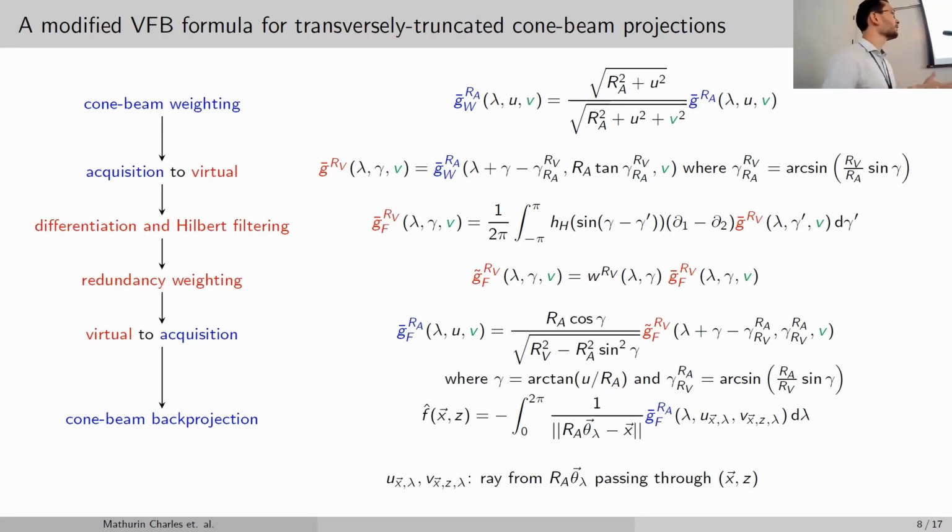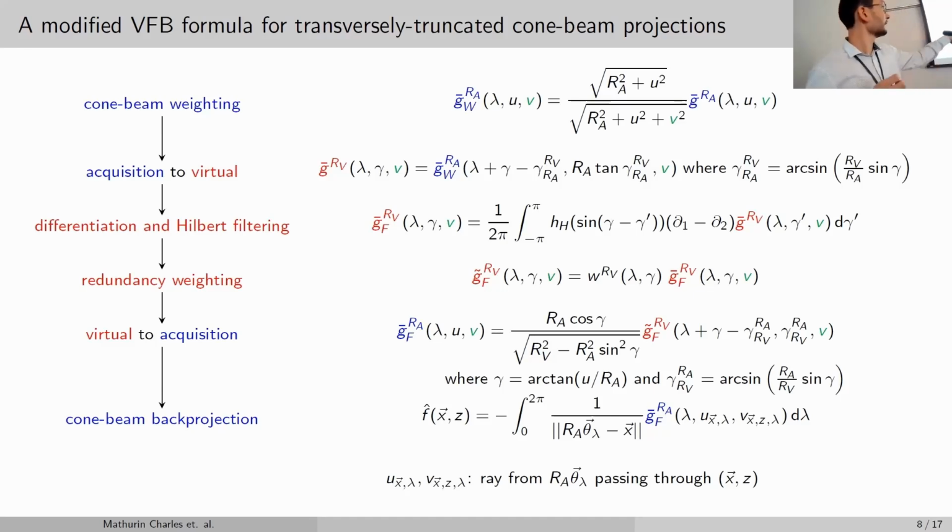In fact, the notion of virtual trajectory is only true in the midplane, and outside the midplane, we have no virtual trajectory. I know, but you do the whole rebinning for all the V coordinates of your system, right? So you do the whole thing independently for all the detector rows, what you show here.